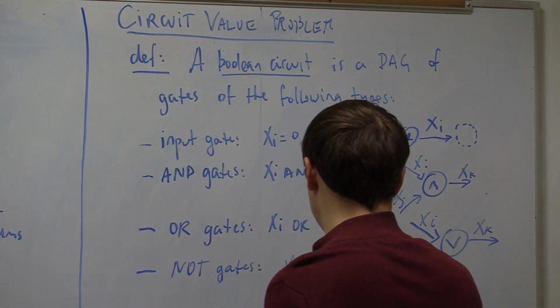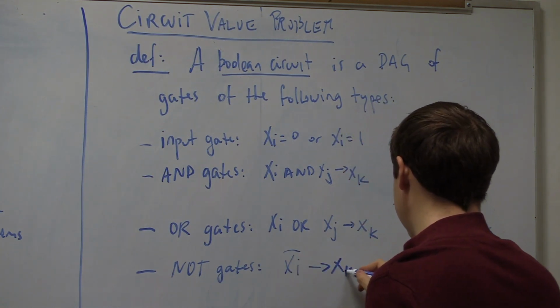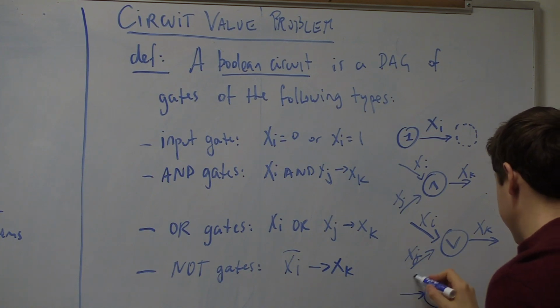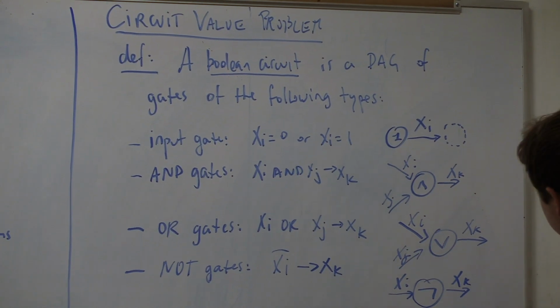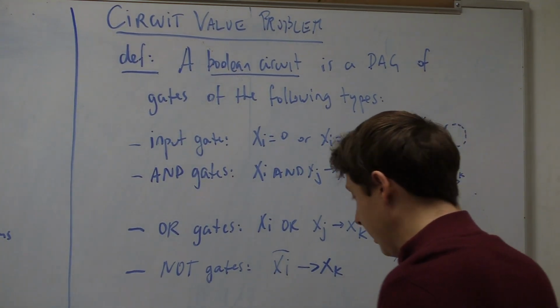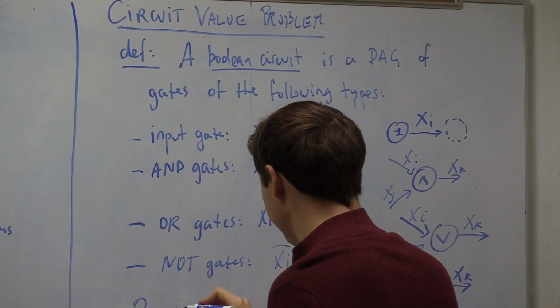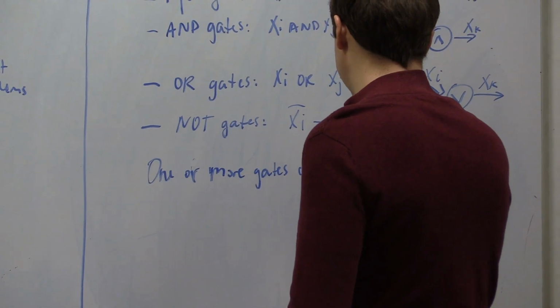For example, xi NOT goes to xk, so that is xi coming in, a NOT gate, and xk coming out. And also, one or more gates are designated as output.